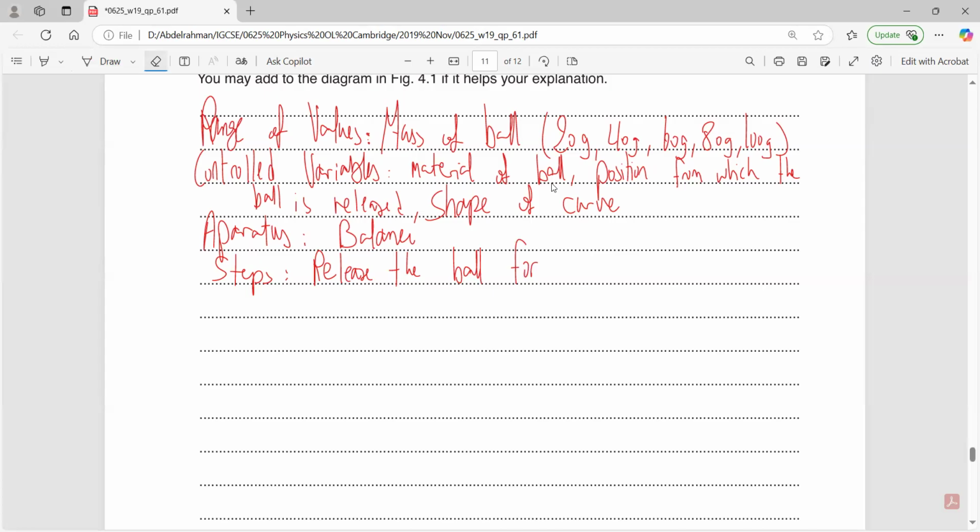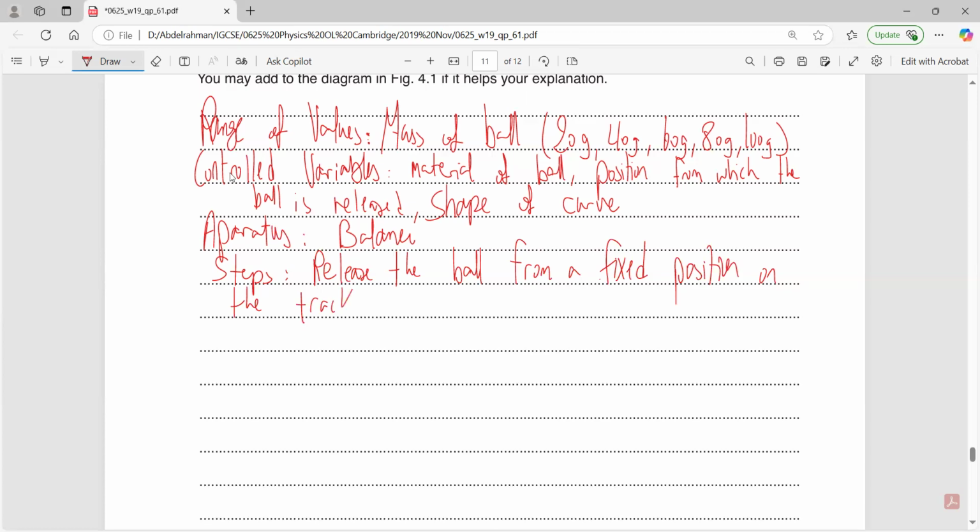From, not form, from a certain position on the track, or a fixed position on the track, or on the curve.